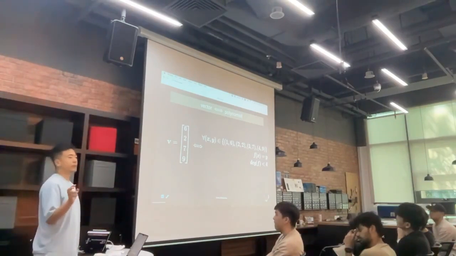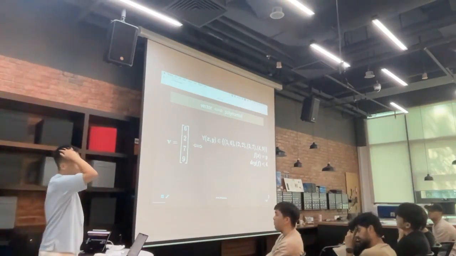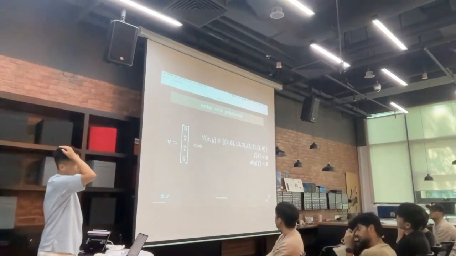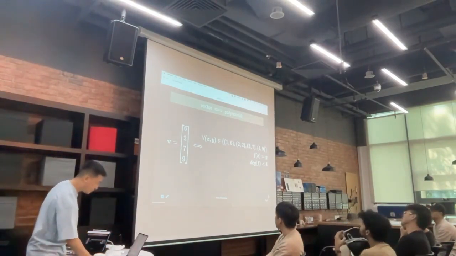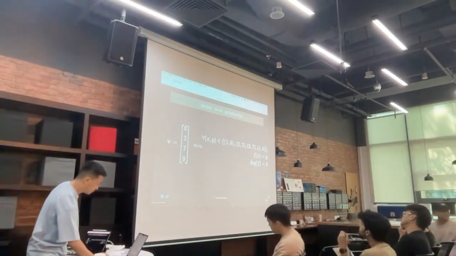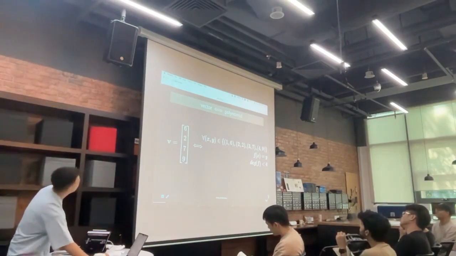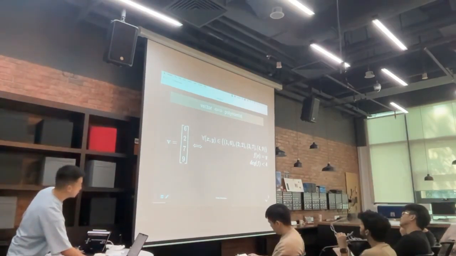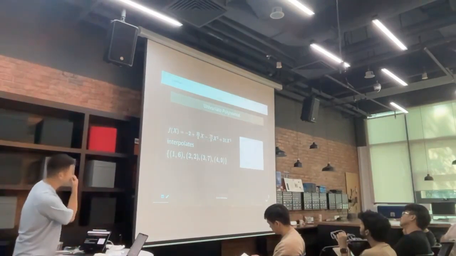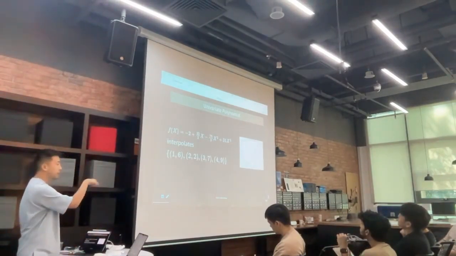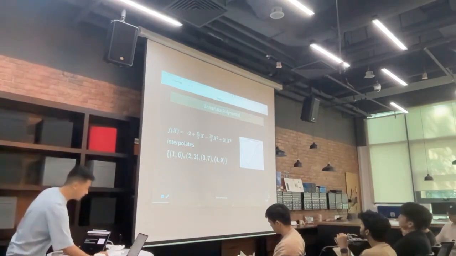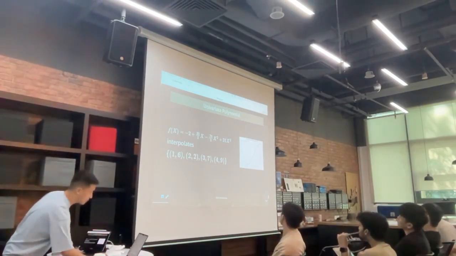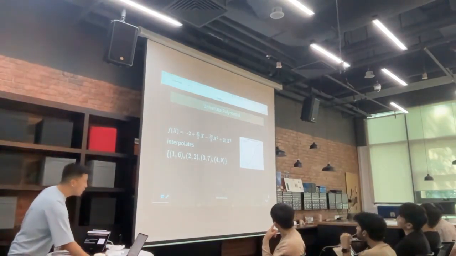You can think of a vector as equivalent to a polynomial. If we try to encode it into a univariate polynomial, it will result like this. We interpolate those values. This is what we have done.